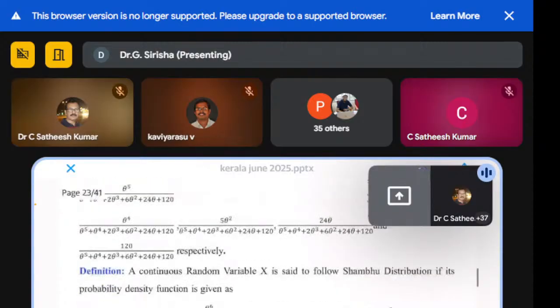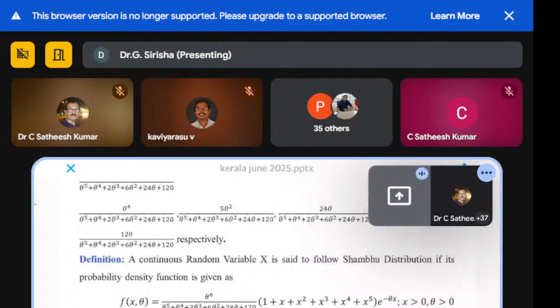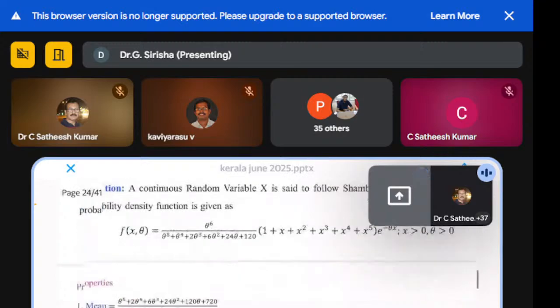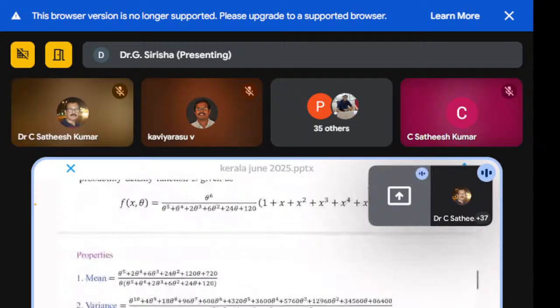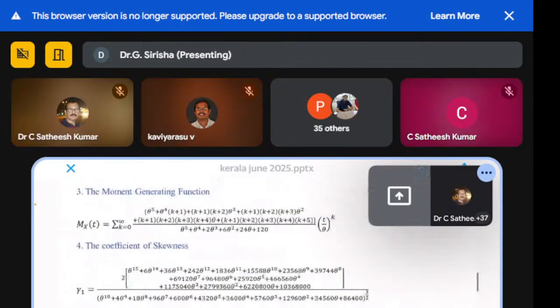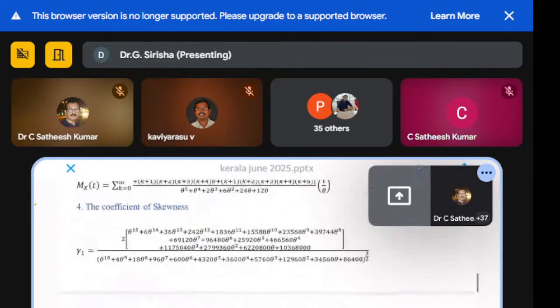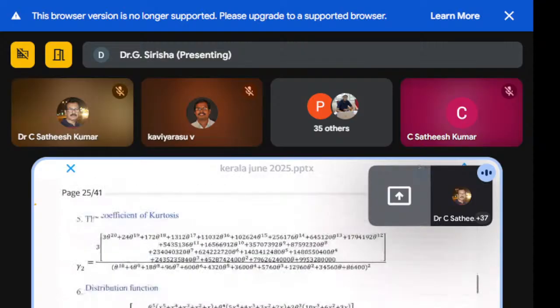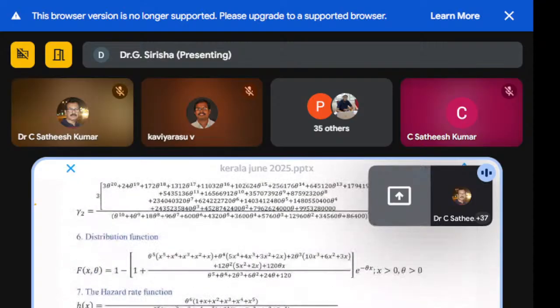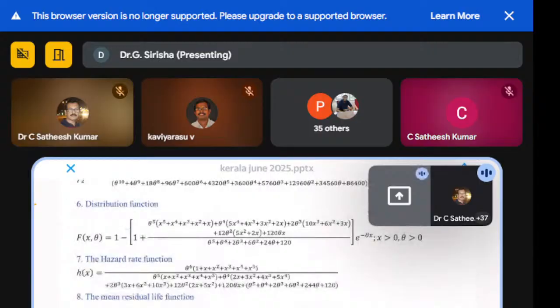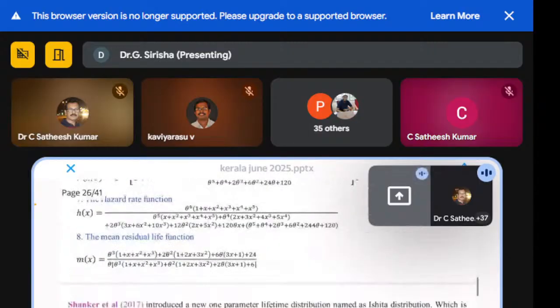This is the density which they have obtained. These are the properties which they have derived: hazard rate, mean residual lifetime, distribution function.